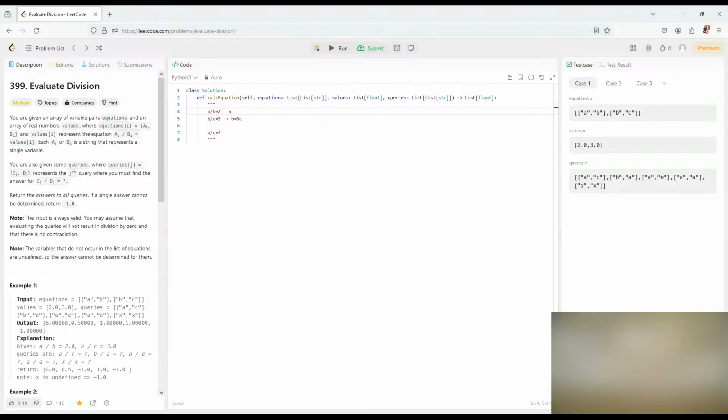Okay, then A divided by this guy equals, then A divided by C equals 6, right? This is what we're going to have, 6. Okay, we can find this one definitely. Then B divided by C equals.